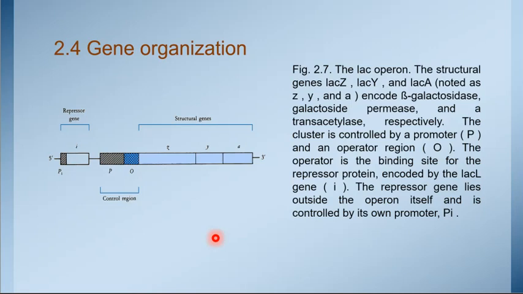The cluster is controlled by a promoter, or P, and an operator region, or O. The operator is the binding site for the repressor protein, encoded by the lacI gene. So the repressor gene lies outside the operon itself and is controlled by its own promoter, or PI.